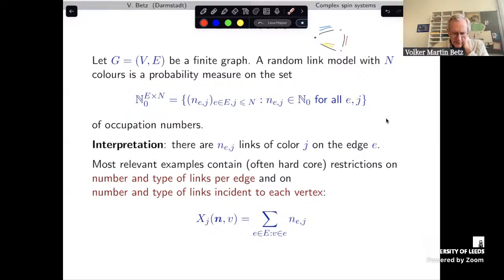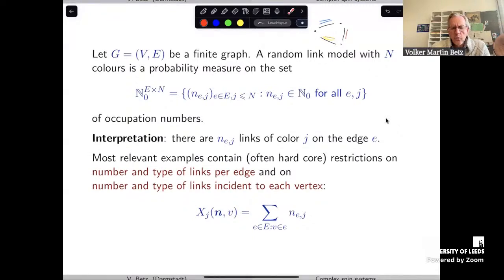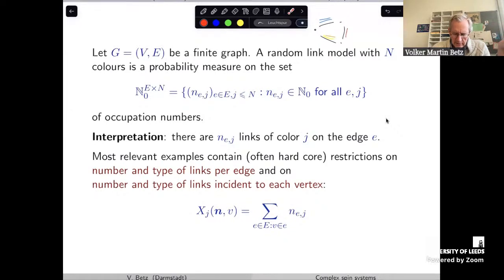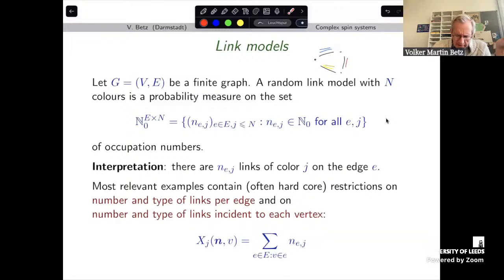What makes things not independent is that you place conditions on how links meet at vertices. You can, for example, insist that a vertex is only allowed to have fewer than 5 links, so that vertex would be okay. But if you allow it only maybe 1 or 2 links, it will not be okay.